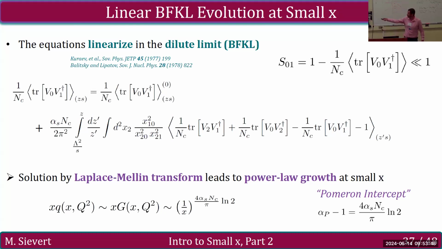And the answer that you get is that your dipole amplitude and therefore the DIS cross-section, PDFs, everything that comes from it, grows like 1 over x to a power, as we anticipated yesterday, and you can calculate that power directly in perturbation theory. So the exponent is something proportional to alpha s that you can compute. This is referred to as the Pomeron intercept. That's the solution of the BFKL equation. That describes, let's say, a power law growth of the gluon density with x, or equivalently, an exponential growth as a function of rapidity. So this is the part where your gluon density is blowing up.